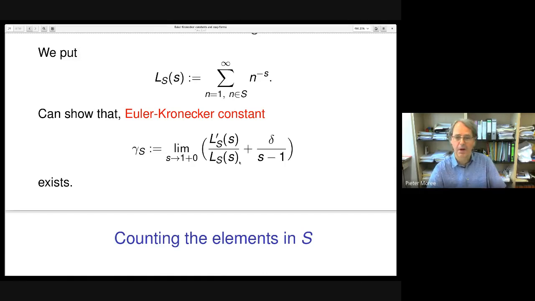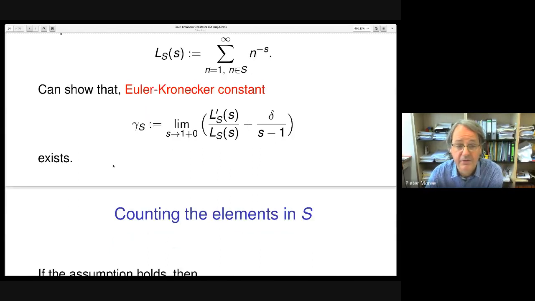If you remember what we did for the Dedekind zeta function, it was precisely the same thing. For this L_S, we took the Dedekind zeta function. Here we had this derivative. The delta is 1 in that case, and then this gave the Euler-Kronecker constant for the number field K.